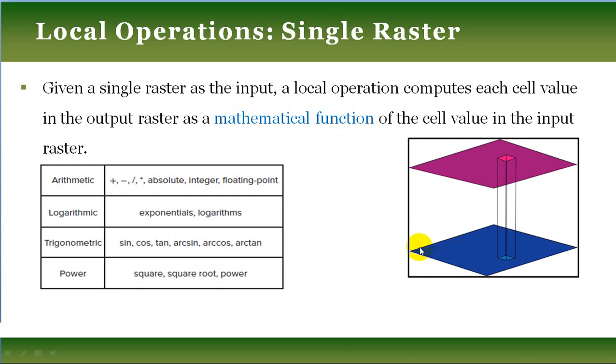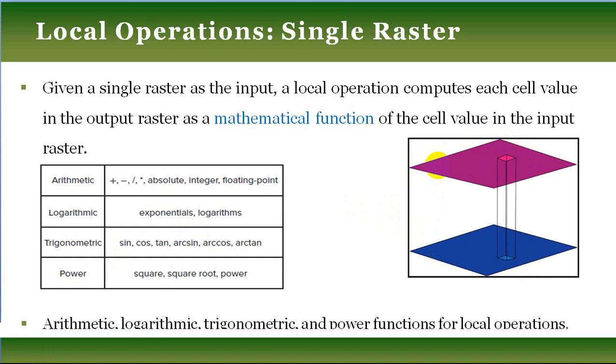Every cell in the input raster has to undergo some mathematical operation, then the result is stored in the corresponding cell of the output raster. So this local operation with a single raster is called cell by cell operation.